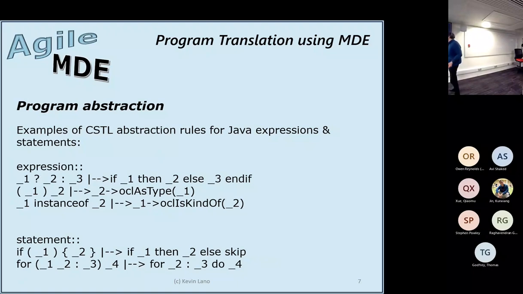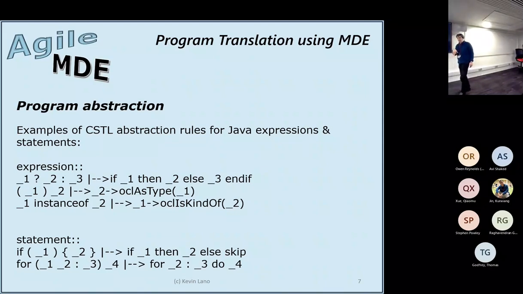What does CSTL look like? Well, CSTL is based on pattern matching. So let's say we're taking in some C or Java, that could be either really, in this case. Do we have an expression that's a non-terminal in the grammar of the source language? And then we have a ternary choice expression with the underscores representing arbitrary subtrees. So they're like arbitrary expressions which have been parsed by the parser.